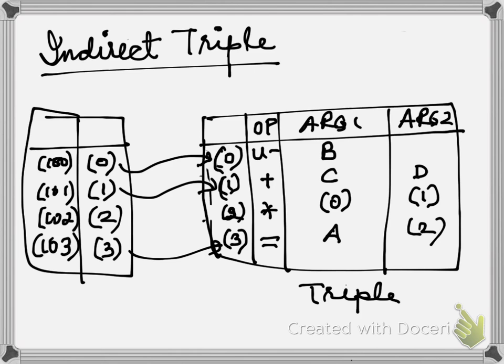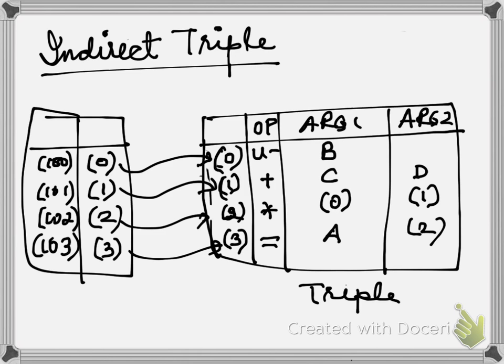So each of these is pointing to the triple. So this is known as your indirect triple. So these were the 3 kinds of implementation of three address codes, that is using quadruples, triples and indirect triples.